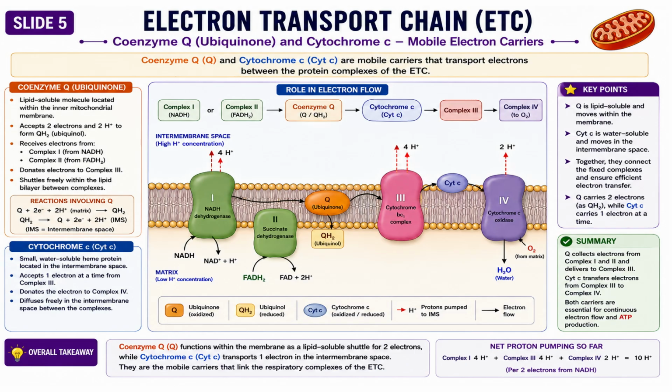Therefore, CoQ transports electrons within the membrane, whereas cytochrome C transfers electrons along the membrane surface. Together, these carriers link the ETC complexes and maintain continuous electron flow toward oxygen. This electron transfer supports proton gradient formation, which ultimately drives ATP synthesis through ATP synthase.